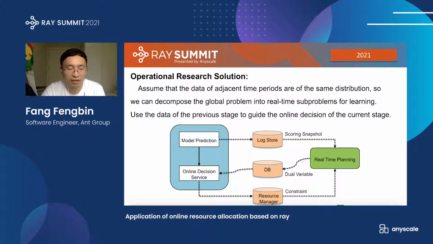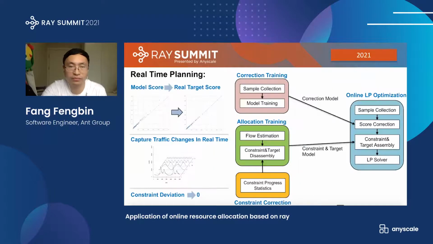The online decision service uses the equivalent form of the problem from the linear program duality and takes the dual variable calculated by the real-time programming algorithm as an input parameter to realize faster online serving. Next, let's take a look at the implementation of real-time planning algorithm.